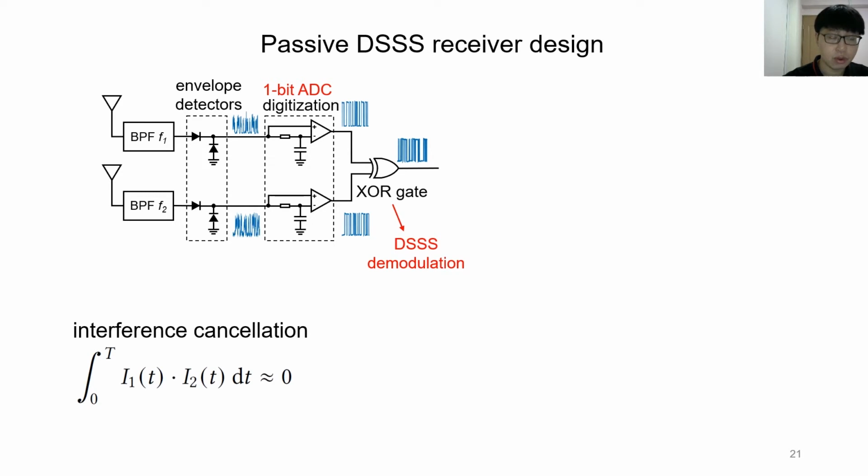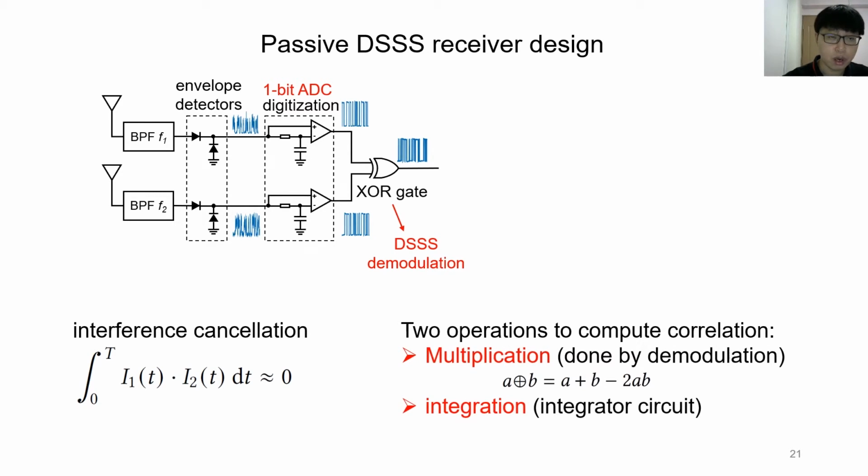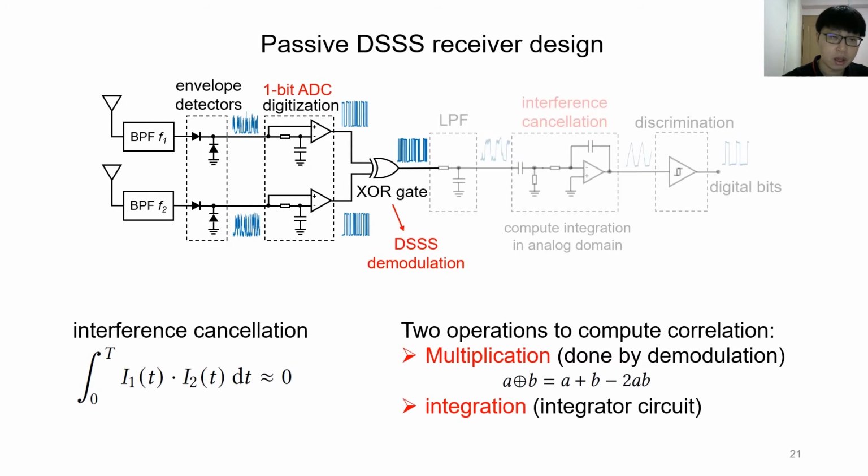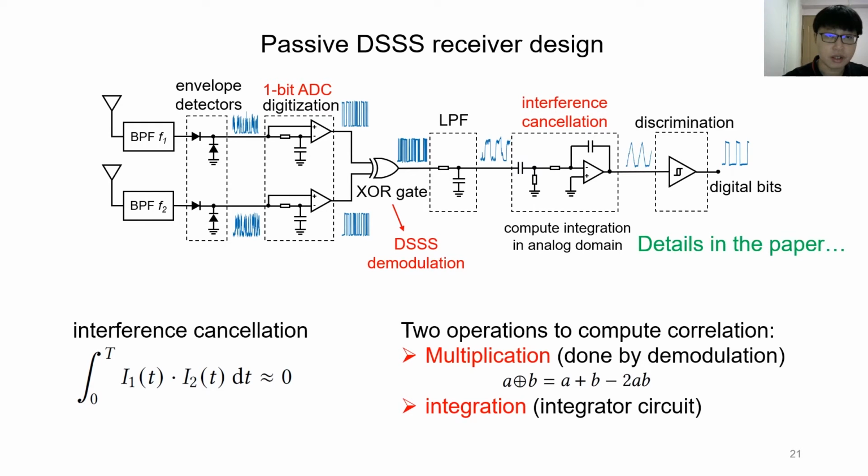To achieve this, we need two operations. The first is to multiply the two interference signals. Actually, this is done by the demodulation. So we can just design the interference cancellation circuit to compute the integration in the analog domain. For more information, please see our paper.